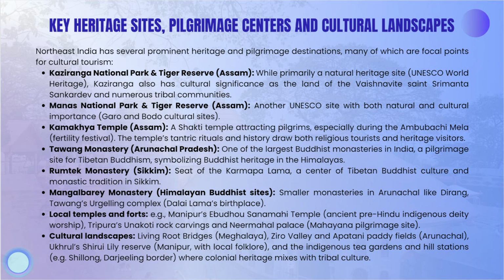Cultural landscapes include the living root bridges of Meghalaya, Ziro Valley and Apatani paddy fields of Arunachal, and Ukhrul's Siroi Lily Reserve in Manipur with local folklore, and the indigenous tea gardens and hill stations, for example the Shillong and Darjeeling region, where colonial heritage mixes with tribal culture.